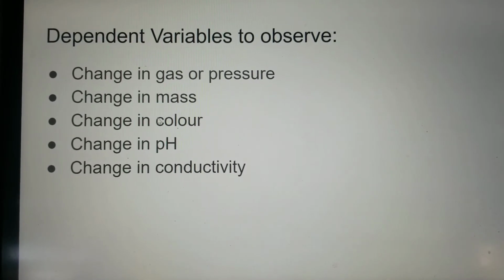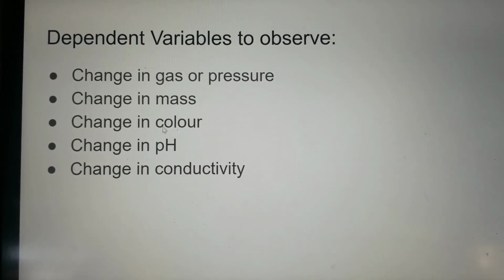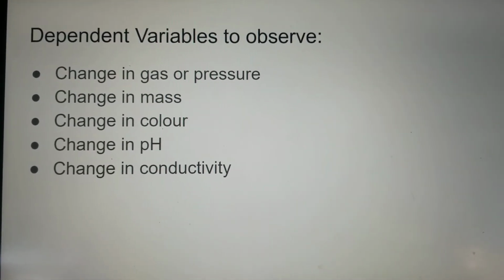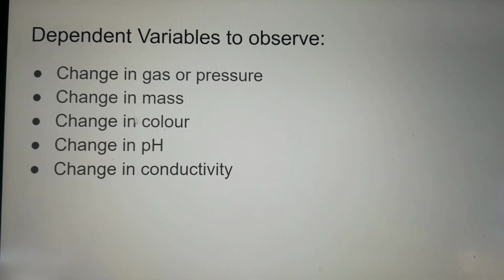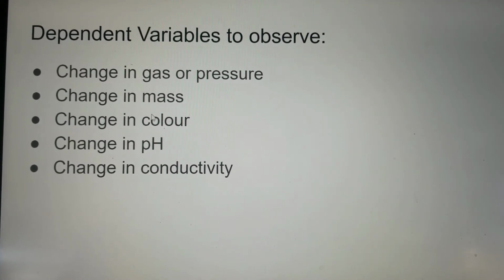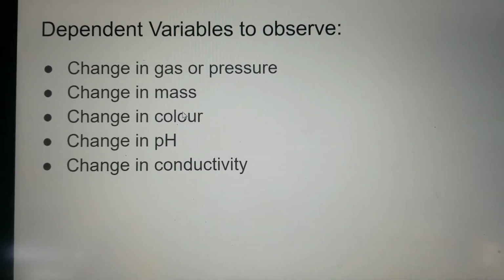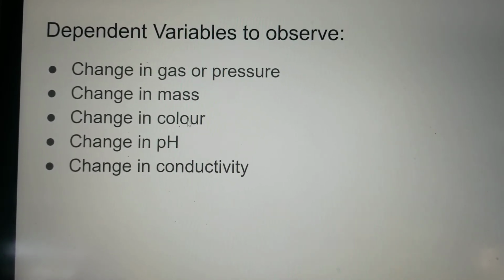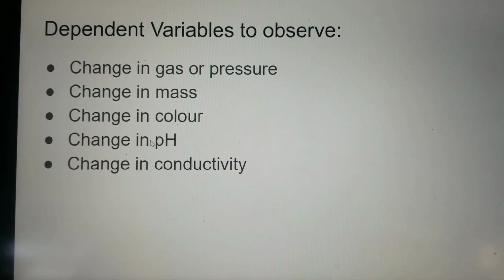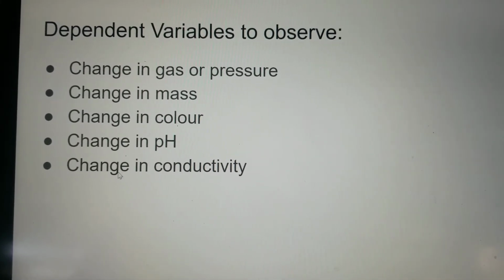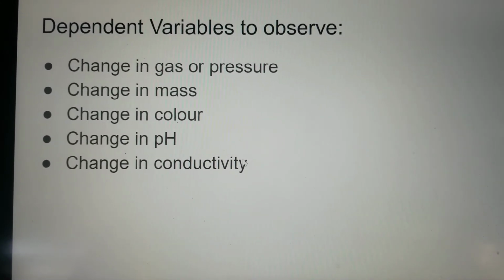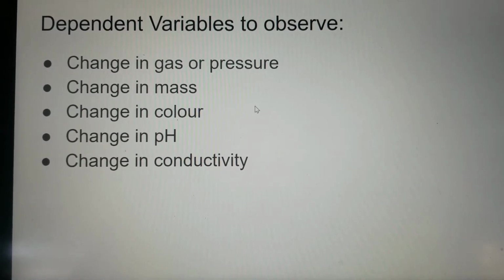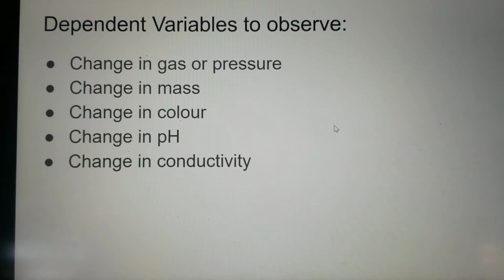You could potentially do color, but that would only be qualitative data, not quantitative, and you have to have some quantitative data to perform calculations. So that could be something that you're observing, but there also has to be some kind of quantitative data. Change in pH, you can measure pHs, and you can also do changes in conductivity using a conductivity probe.